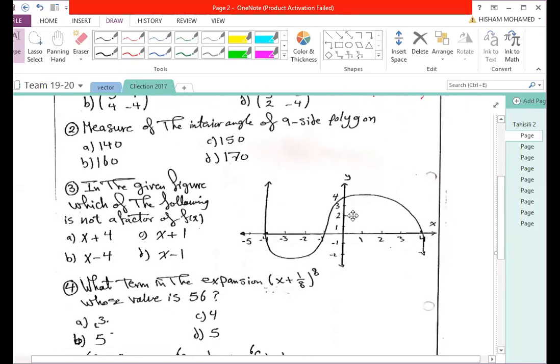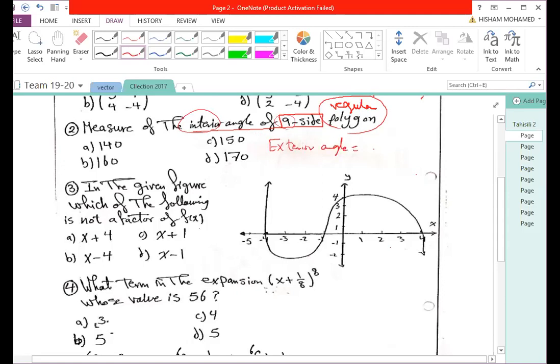Second one. What is the measure of the interior angle of a 9-sided regular polygon? Regular polygon means all sides are equal and all angles are equal. It's a little bit difficult to find the interior angle directly, but it's easier to find the exterior angle.